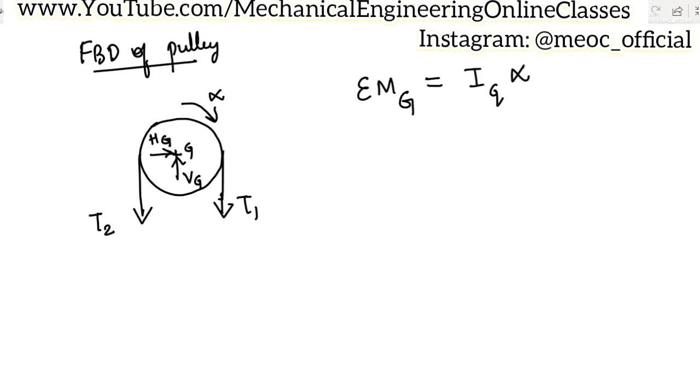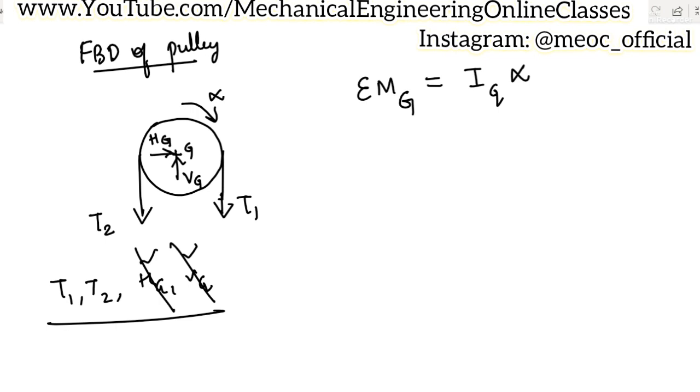So let us find the moments of all the forces. What are all the forces that are there? There is T1, there is T2, there is Hg, there is Vg. The moments of Hg and Vg will be 0 because moment is nothing but force multiplied by perpendicular distance. Hg and Vg are passing through G. So the perpendicular distance from Hg to G, Vg to G is 0. So moments due to these forces are 0, but there are moments due to T1 and T2.